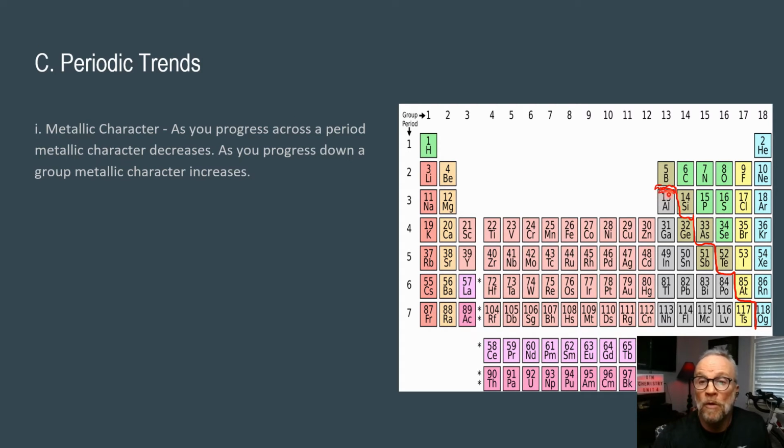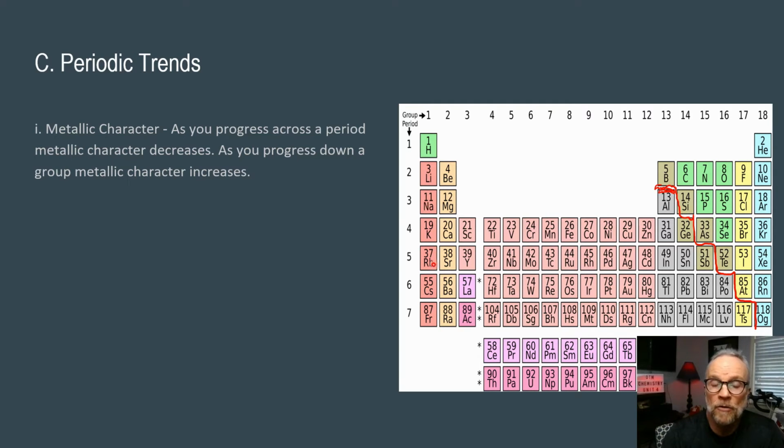In our previous recording, we said that this stair-step line here divides metals and non-metals. And so on the left-hand side of the stair-step line, you have metals, and on the right-hand side, you have non-metals. So as you move this way, you're going more toward the non-metal side of the table.